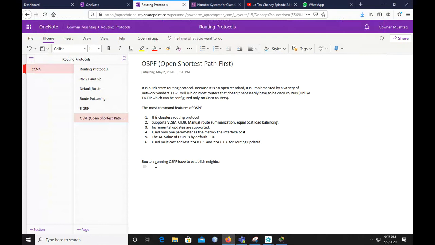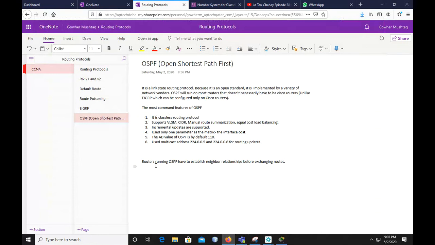So every router that has the configuration of OSPF has to establish a neighbor relationship before exchanging the routing information.